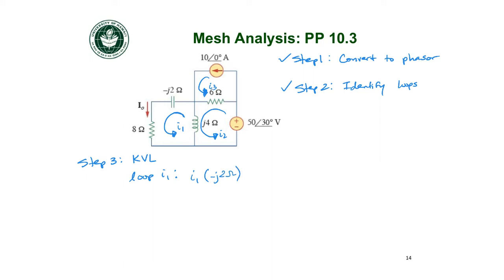Then the voltage drop across that resistor, which is going to be I1 times the impedance, which is 8 ohms. And then the voltage drop across the inductor, which is going to be I1 minus I2 times J4 ohms, and this is KVL, so these all should equal 0 volts.